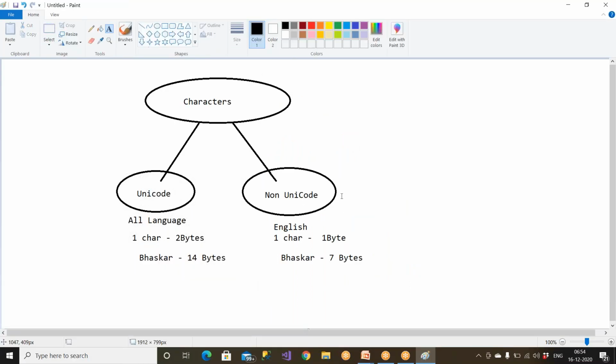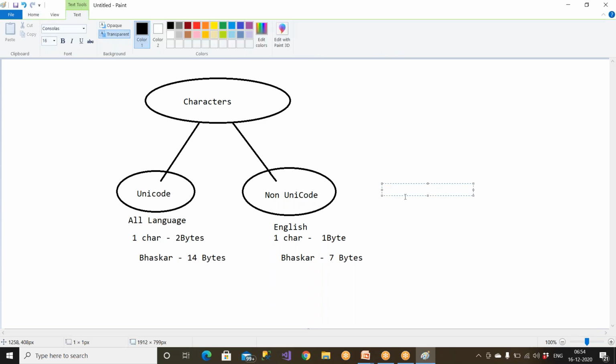So in the non-Unicode sector, SQL Server has a few data types. Okay, what are the data types this has? One is called char, the second one is called varchar. For char, the maximum data you can store is 8,000, and for varchar also the maximum you can store is 8,000.